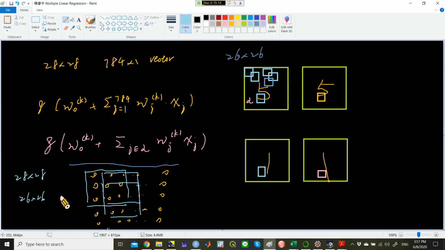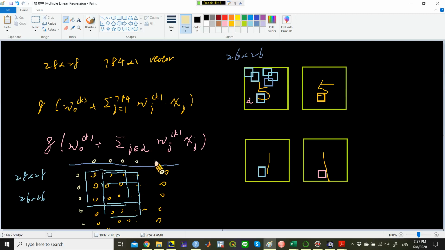Somebody says, oh, I don't want the 26 by 26 sub images. Well, I want another 28 by 28 output. So the trick to do that is we pad the border. We first amplify our original input. We just copy the border here. So intuitively, this can be the same as this.